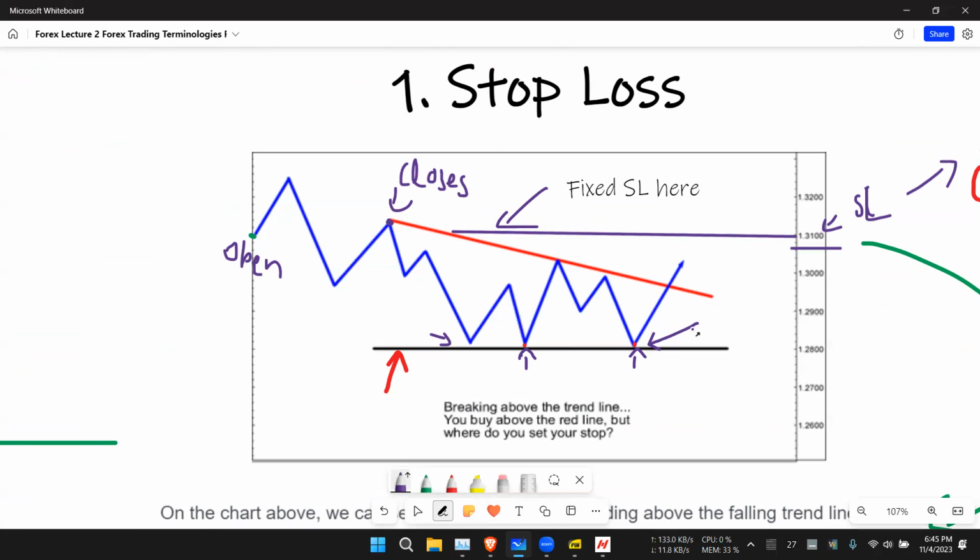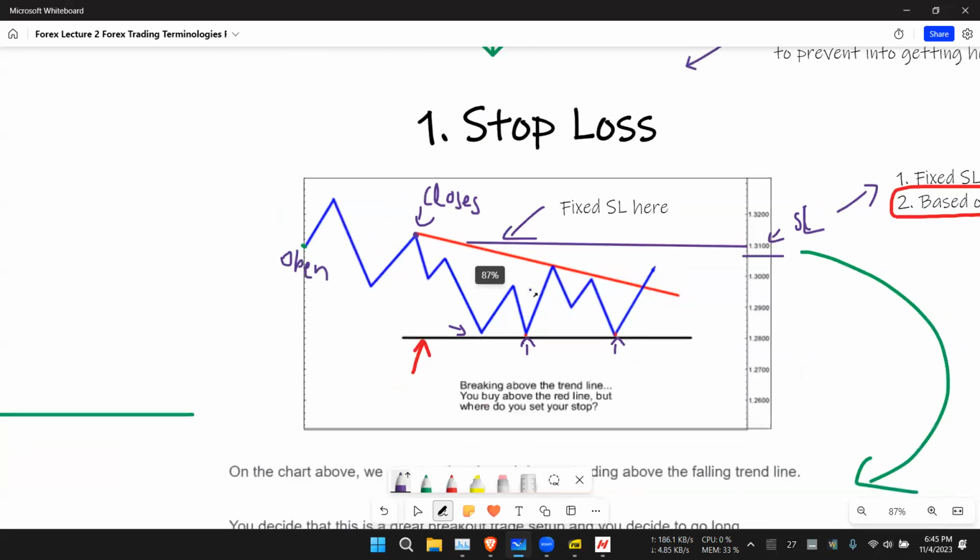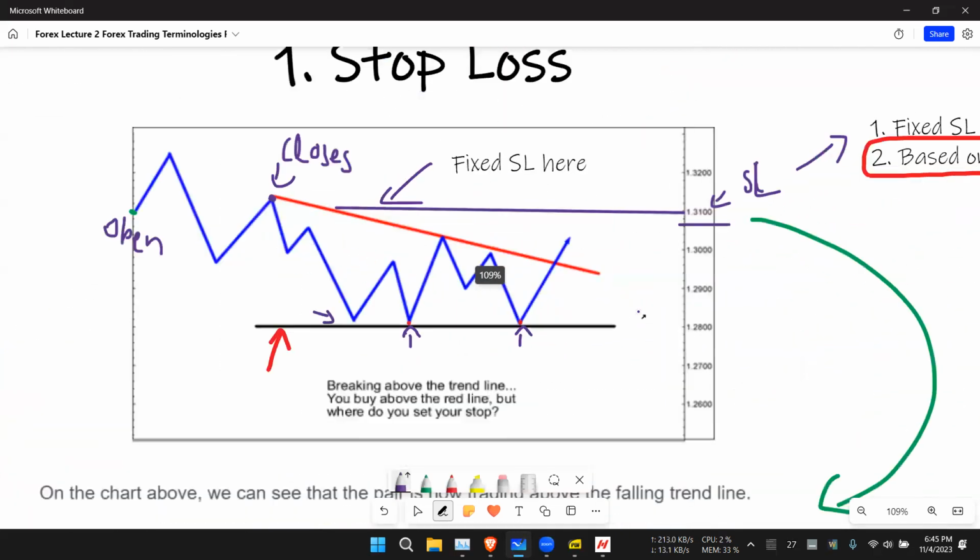To prevent this, we want to take a calculated risk, and we want the stop loss to be above because the trend line's going down. We don't want to have a huge loss. We want to have a small loss.